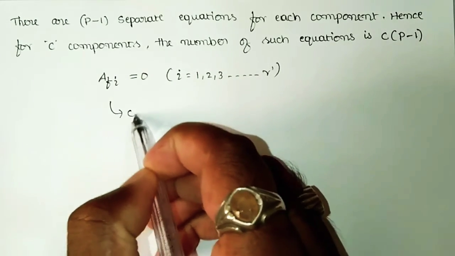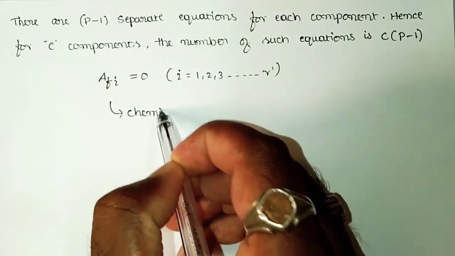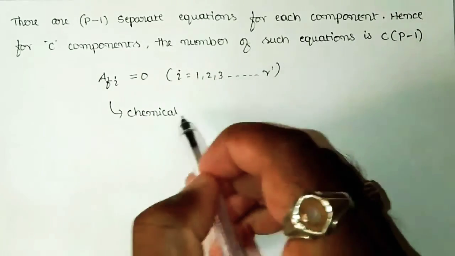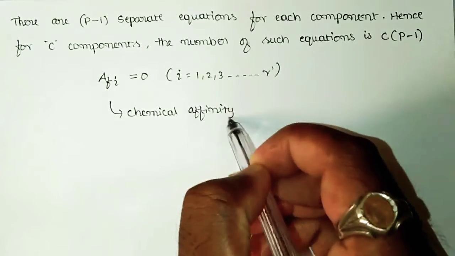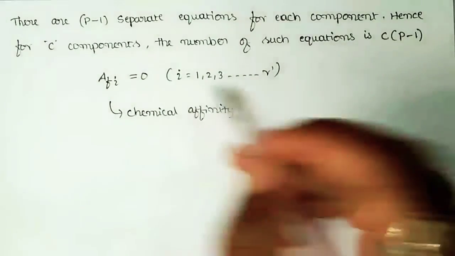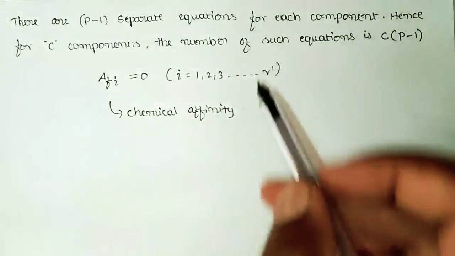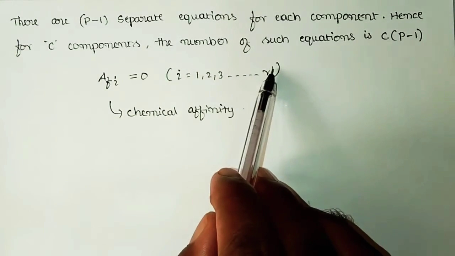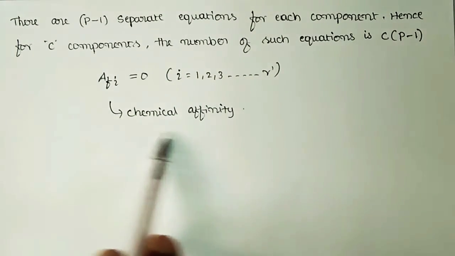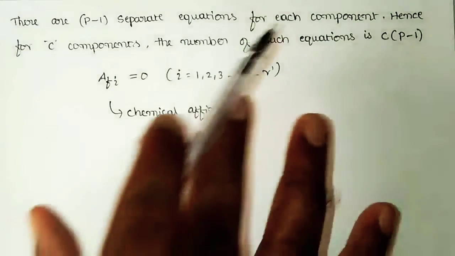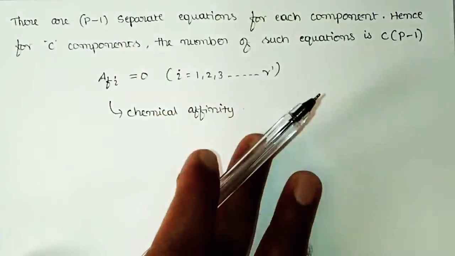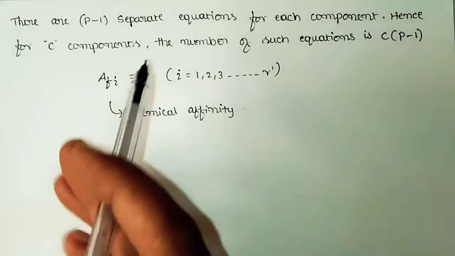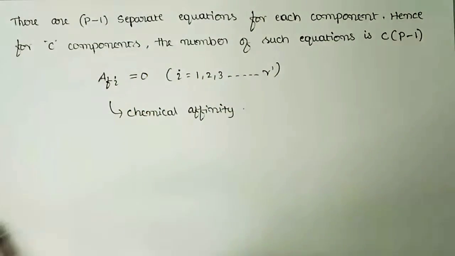So AFI is the chemical affinity. At equilibrium, the chemical affinity will be equal to 0. So the R dash number of equations that are showing 0 chemical affinity will give some restricting conditions for the variables to specify or to define the system.